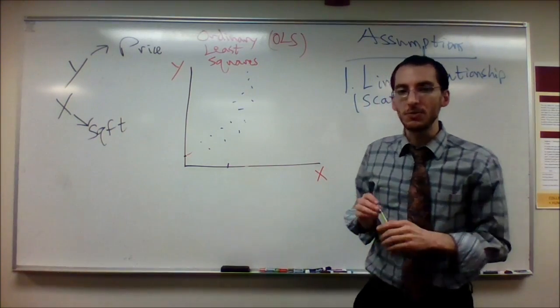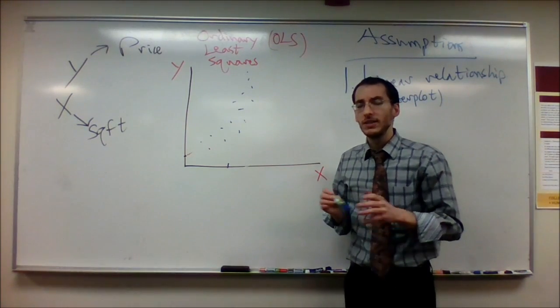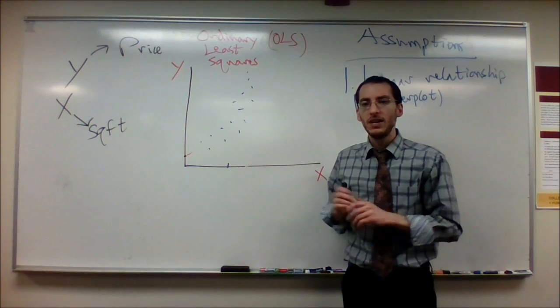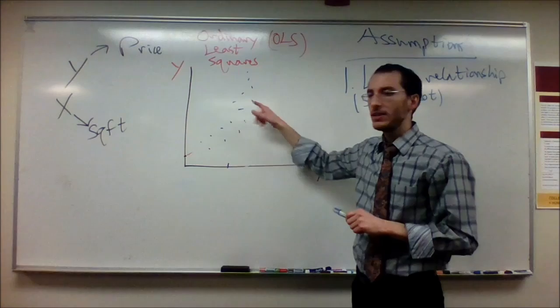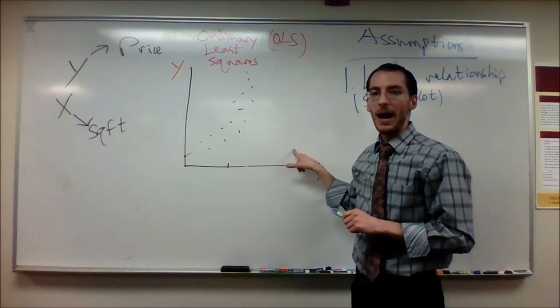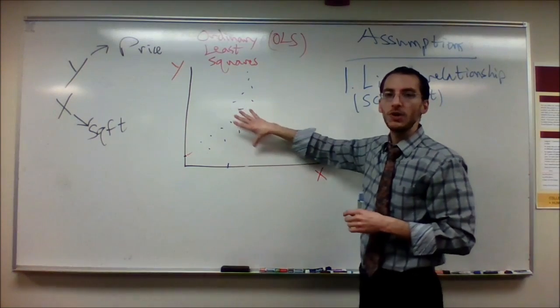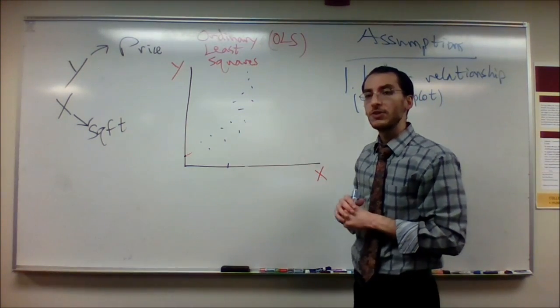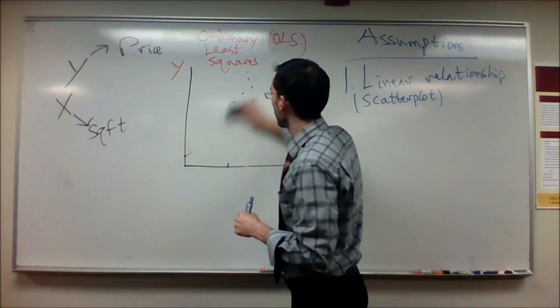We'll talk about transformations in a couple weeks. And they're talked a little bit about in the book in chapter 1, but we're going to hold off on that. So if my scatter plot's curved in any which way, I don't want to just dive into linear regression. I maybe want to try some kind of transformation first. So we want to see a linear pattern on our scatter plot.